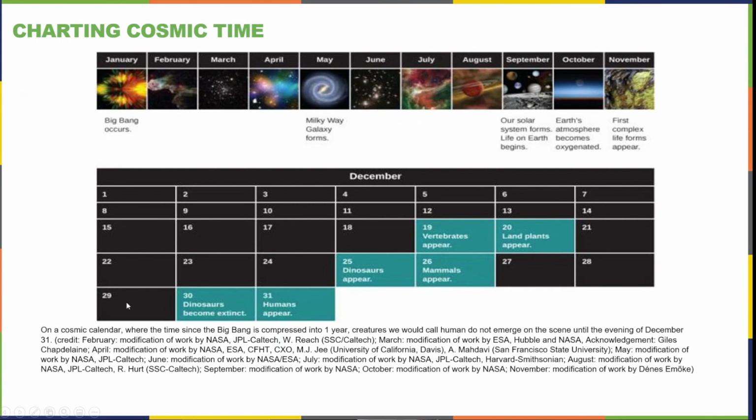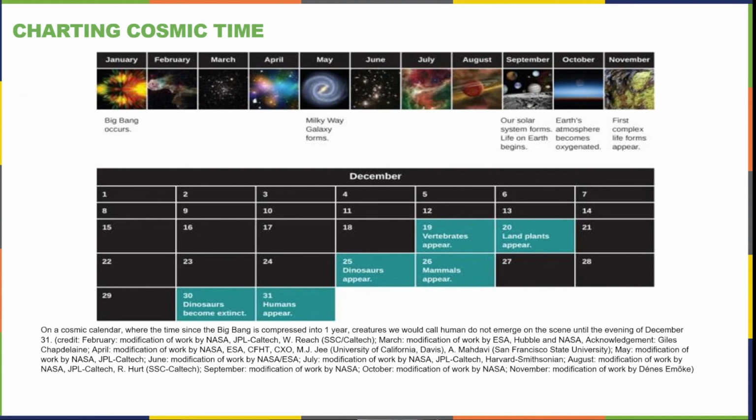But sadly, on December 30, there was a big asteroid that hit the Earth, and almost everything went extinct, including dinosaurs. That's like 65 million years ago, and we waited another almost 65 million years, and that's December 30, the last day of our calendar year, that humans appear.